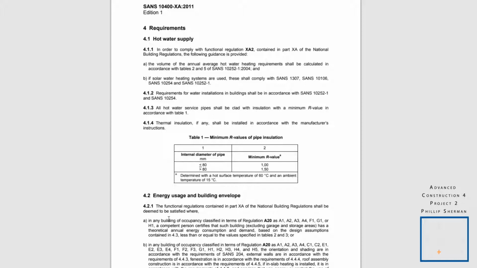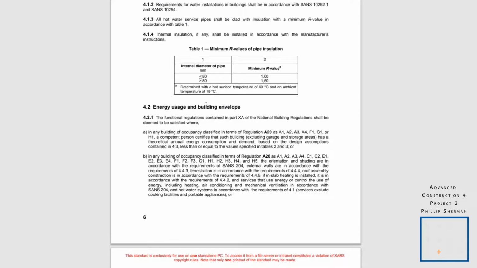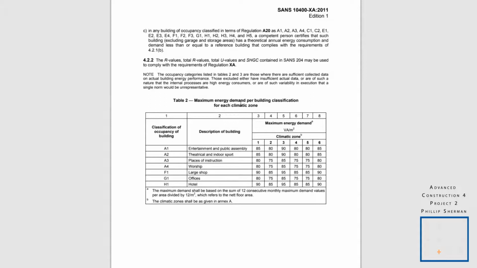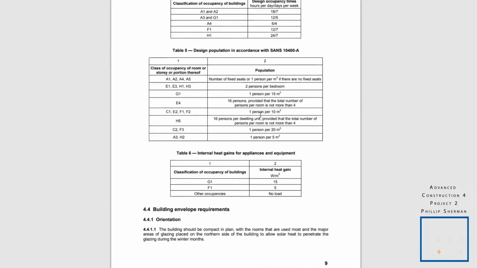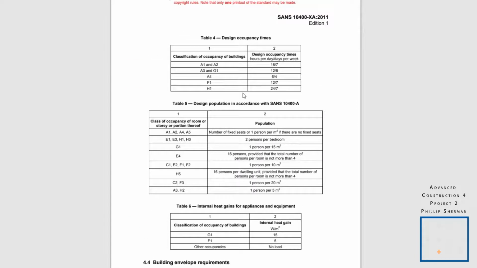It's a requirement for plan approval for the council to know that you have applied the correct regulations to deem the building energy efficient. So there's sections and chapters on hot water supply, energy usage in the building envelope, the maximum energy demand for building classification, the climate, design assumptions, design population, design occupancy times.